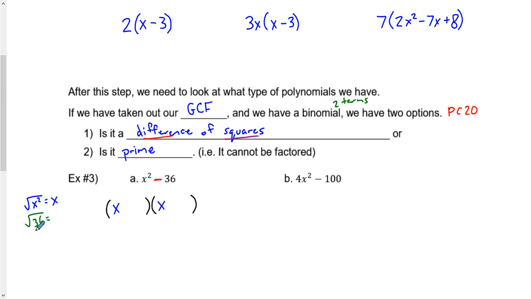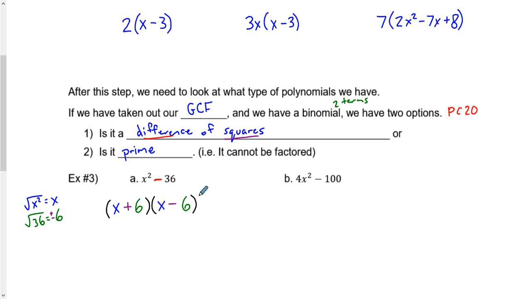Now we'll talk about this a little bit more carefully. It is 6. More specifically, it's positive and negative 6. Again, we'll talk about that a little bit later on as well. So depending on how you do it, you can treat it as a positive, negative, but either way, you put the 6 into the second spot, make one positive, one negative, and this is factored.